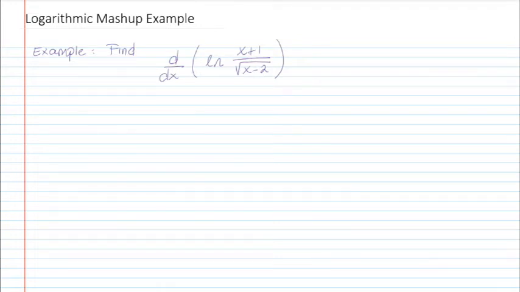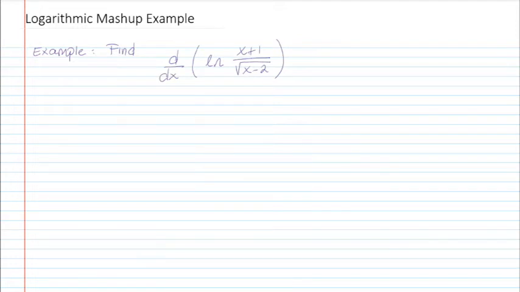Once because there is a ln of some other function, and then again with the square root of x minus 2, because I have x minus 2 and then a square root. And then on top of that, I will have to use a quotient rule. So that is okay. Let's figure out how we're going to apply that.